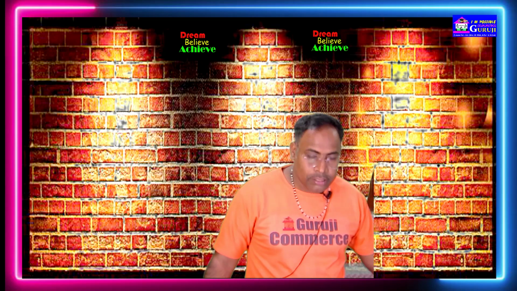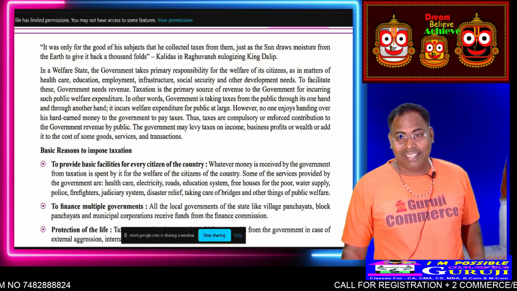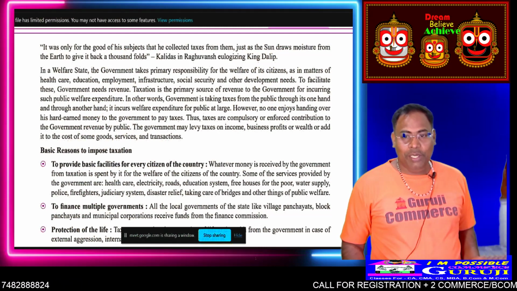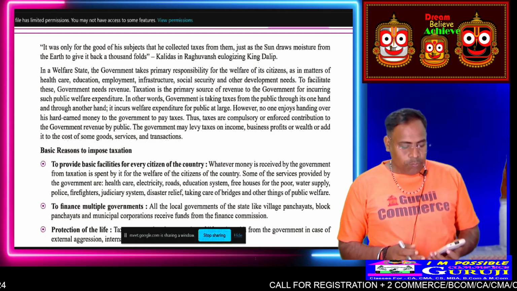First, can anyone say what is taxation? What is tax? It is a compulsory levy. On whom? Very close. Good. What is tax?